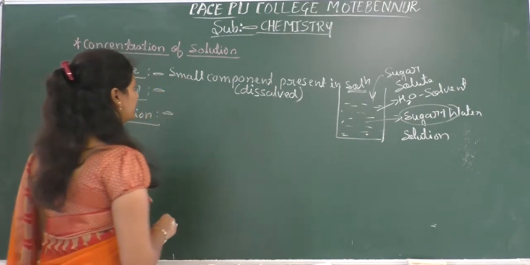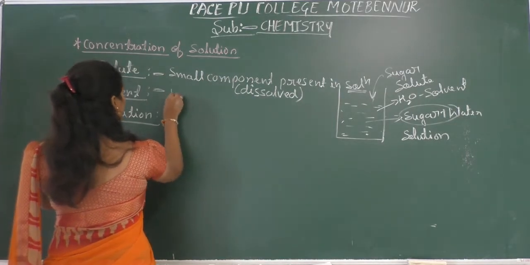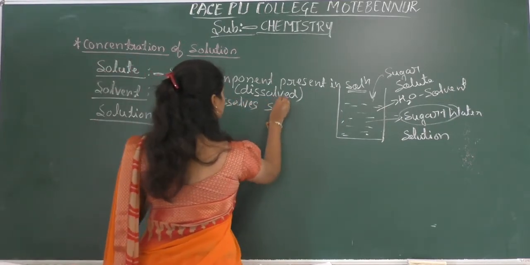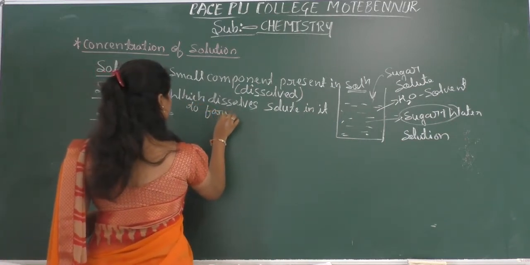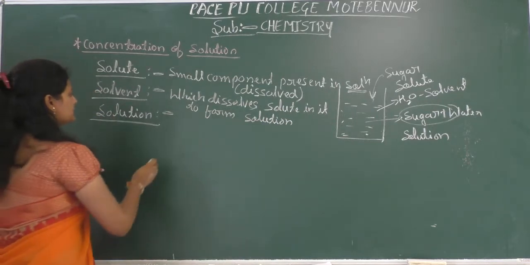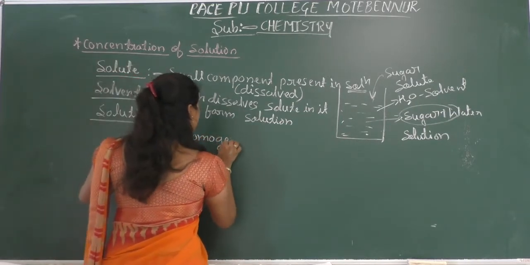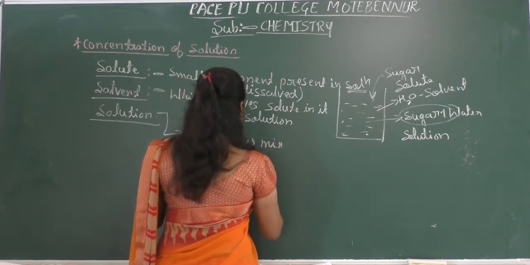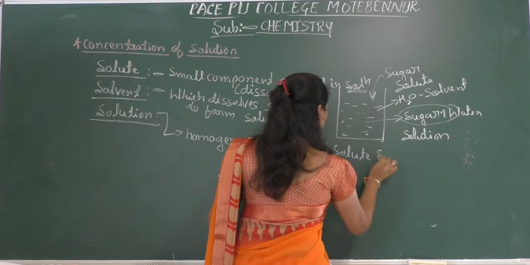Okay, so they are the small components which are present in the solution. Here the solvent is nothing but the substance which dissolves solute in it to form a solution. In the same way, the solution is the homogeneous mixture of solute and solvent.